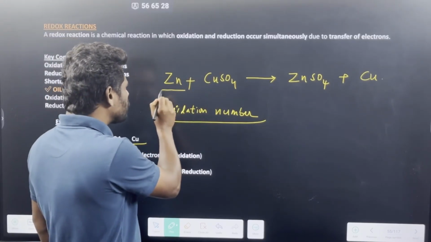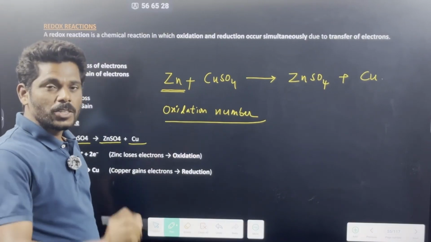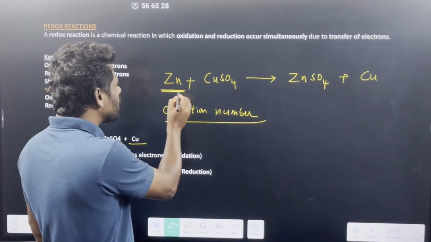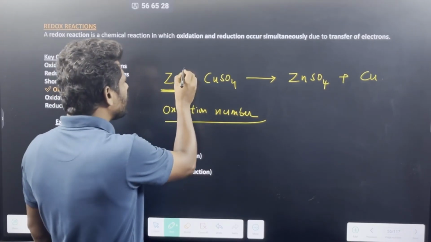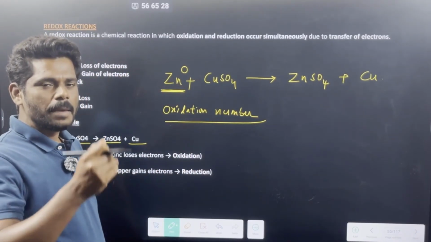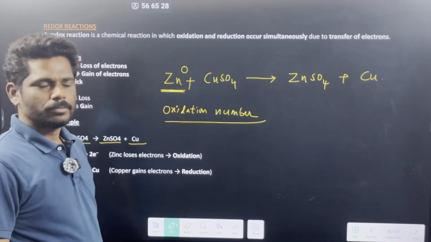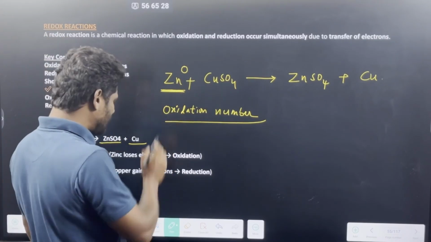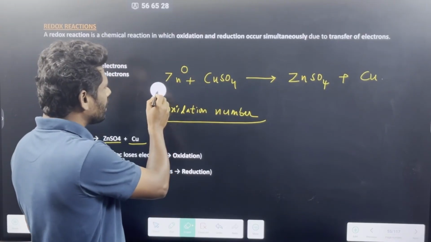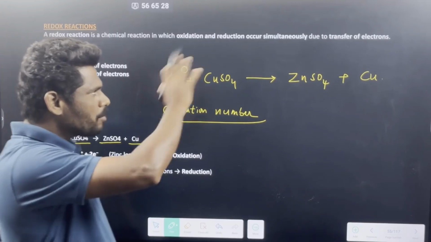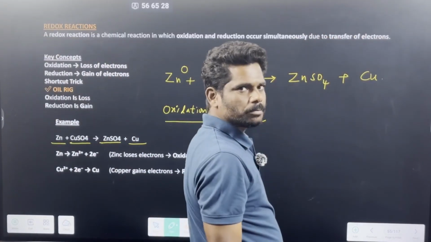What is the valency of zinc here? As you have studied in grade 9, it is an individual element, atom. Individual atoms do not carry any positive or negative charge. The charge on them is 0. So oxidation number of the zinc in this is 0. Now in the same way, come to the product side.